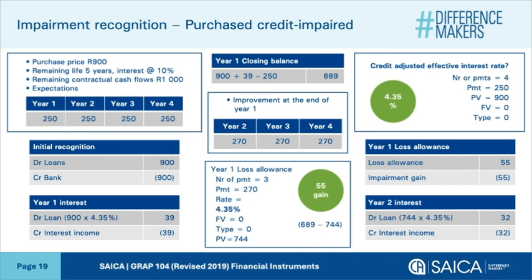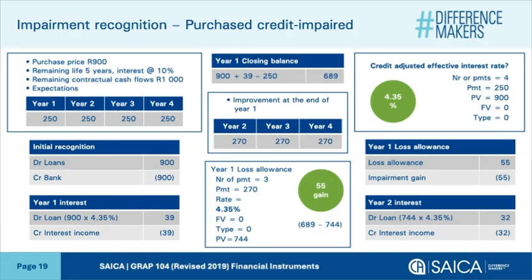At the end of year 1, we now need to determine our loss allowance, which means that we consider our number of payments remaining over 3 years, which is 270 Rand per year, and we use our credit-adjusted effective interest rate to determine the present value of our future expected cash flows. Our present value is 744 Rand, and we had a closing balance of 689 Rand, which means that we have an impairment increase.